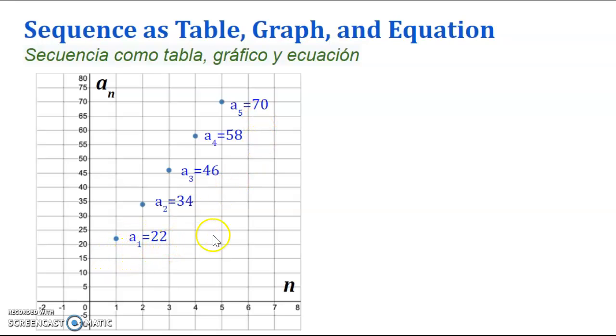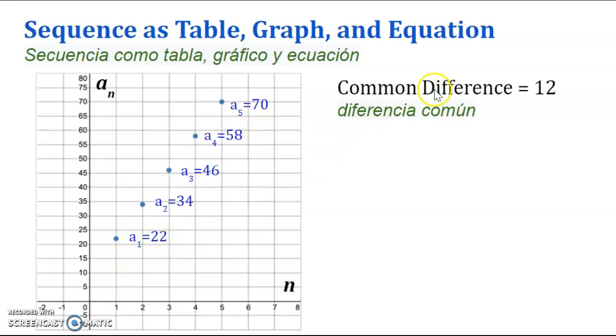And this tells me that the common difference is 12 because it went from 22 to 34. Remember, it's always the second term take away the first term, or the previous term. So 34 minus 22 is 12. So we know the common difference is 12.